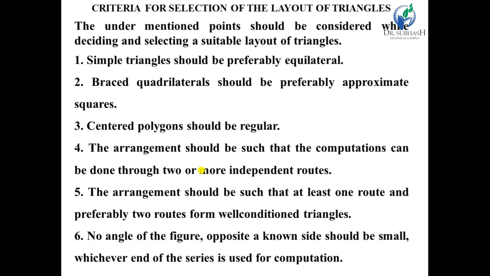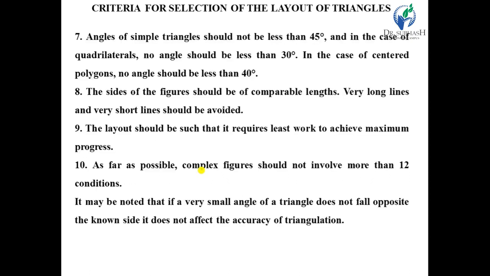Centered polygons should be regular. The arrangement should be such that the computation can be done through two or more independent routes. The arrangement should be such that at least one route, and preferably two routes, form well-conditioned triangles. No angle of the figure opposite a known side should be small, whichever end of the series is used for computation.